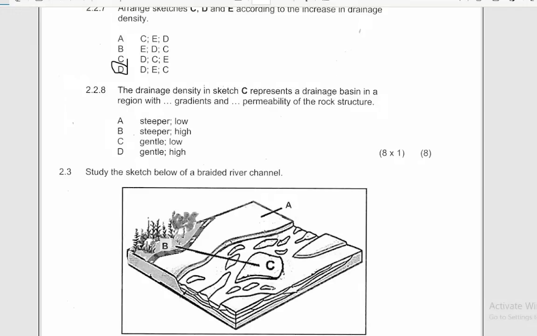But where they are permeable or where we have porous rocks, those rocks will lead us to a lesser density because the raindrops are going to filter into the earth's groundwater storage and lead to low density. So the correct response is steep and low permeability, which is the combination at A.